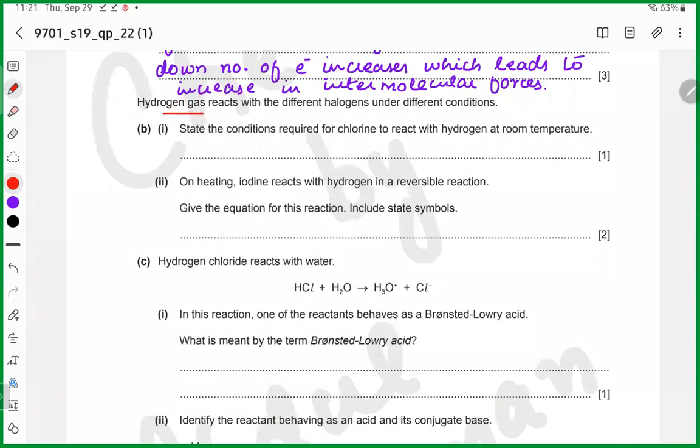Hydrogen gas. Whenever they say hydrogen gas, it's a diatomic one, H2. It reacts with the different halogens under different conditions. State the conditions required for chlorine to react with hydrogen at room temperature.